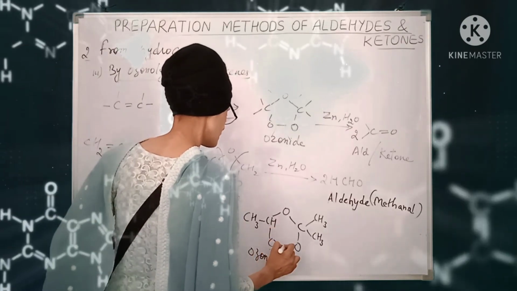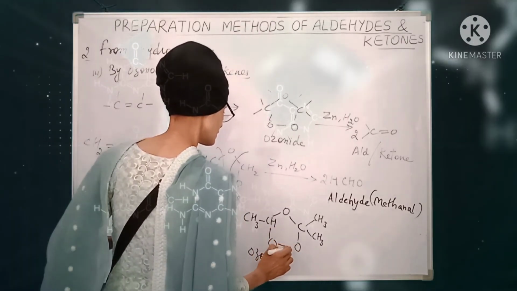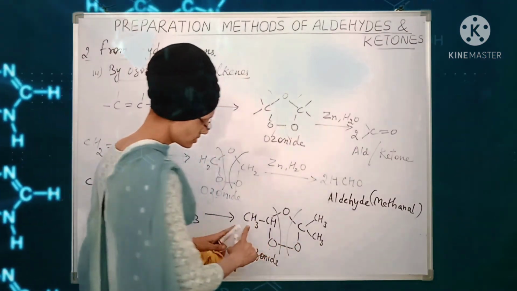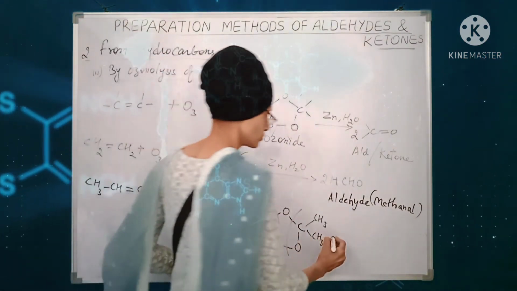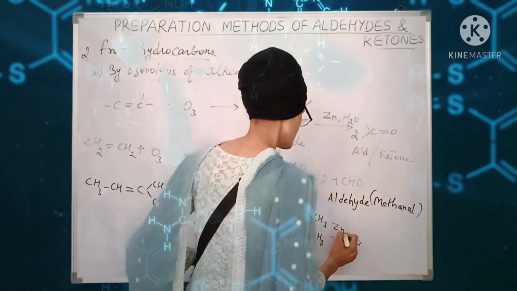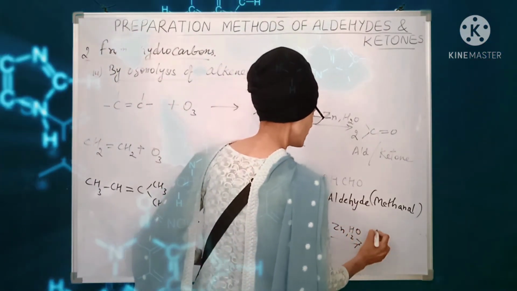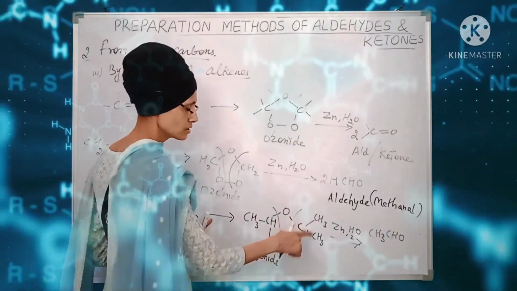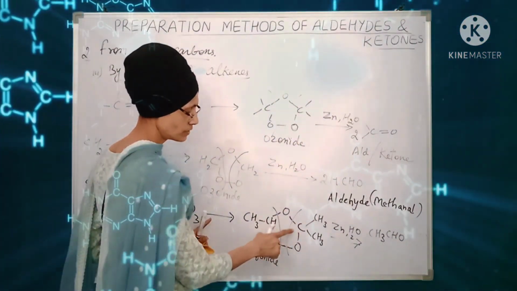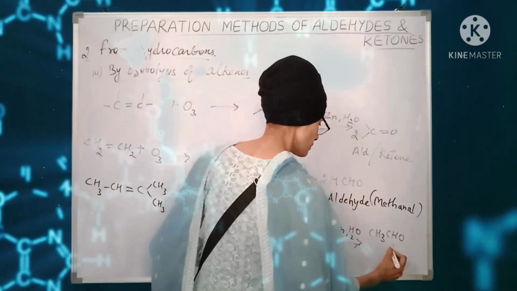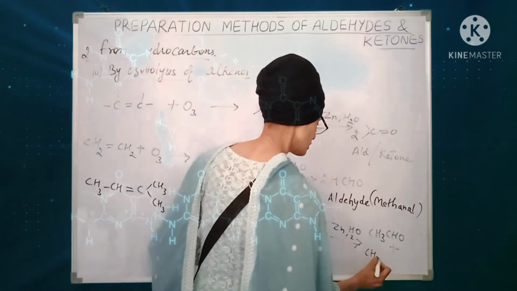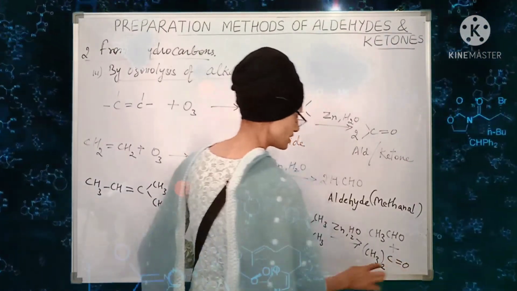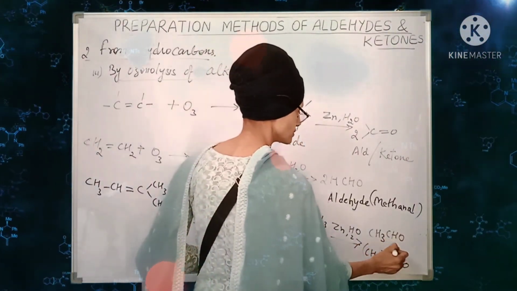Here the bond breaks and, on treatment with zinc and water, one molecule is CH3CHO. The next molecule has 2 methyl groups attached to 1 carbon, which is the carbonyl carbon. Plus we get CH3, 2 methyl groups attached to a carbonyl. One is a ketone, the other is an aldehyde.